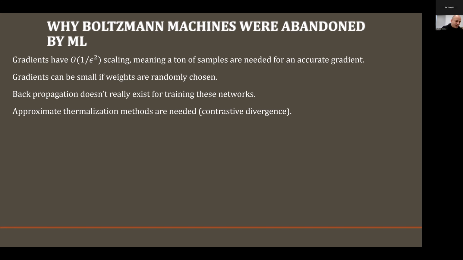And because deep neural networks tend to have substantial gradient decay problems, Boltzmann machines end up not being able to deal with very deep networks. Also, they run into problems where gradients can be very small if the weights are randomly chosen. This was partially dealt with in the community by coming up with mean field approximations to the Boltzmann machine as an initial guess for the weights.